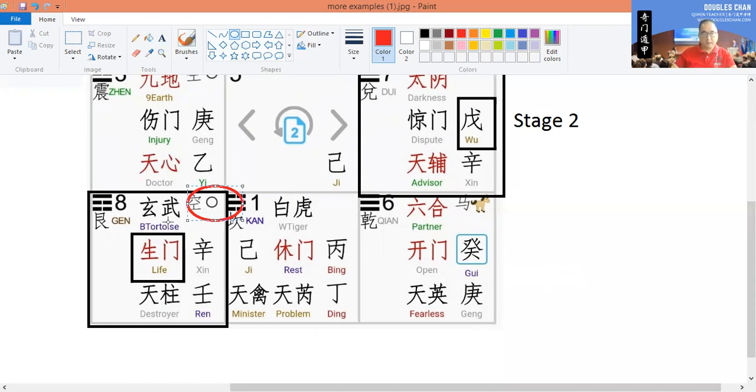At the same time, it's also telling us that he's not able to accumulate money. That means whatever he earns is going to go out somewhere. So we have a black tortoise, we have a destroyer. So the energy within box 8 doesn't seem to be very good.